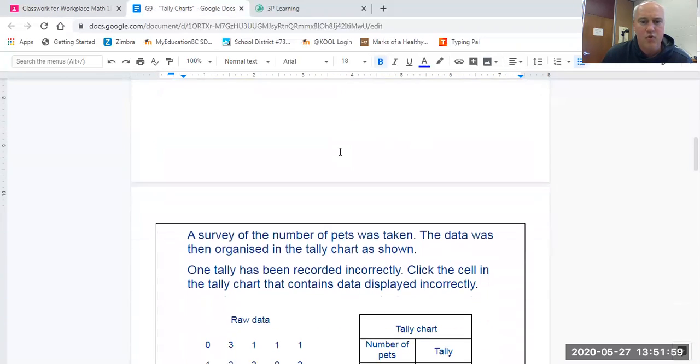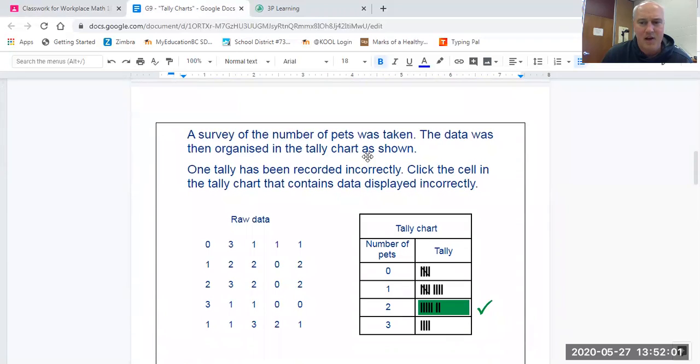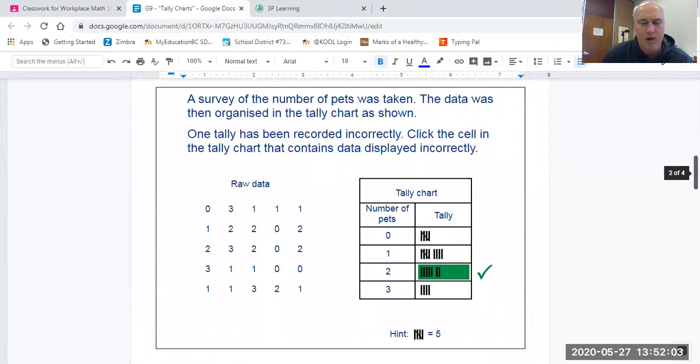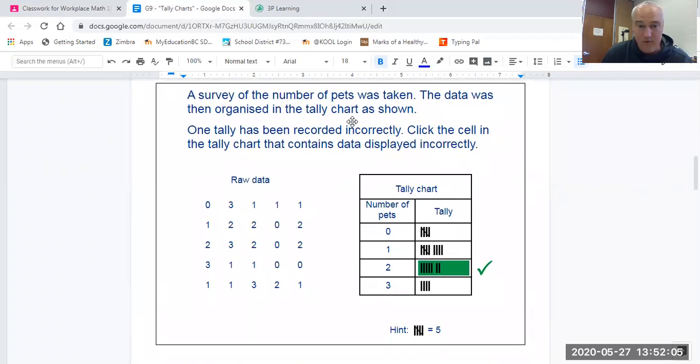So let's take a look at a few questions you will see in your Mathletics assignment. In here, there will be a question that says a survey of the number of pets was taken. The data was then organized in the tally chart as shown. One tally has been recorded incorrectly. Click the cell in the tally chart that contains data displayed incorrectly. Well, first of all, this tally chart is showing us the number of pets.